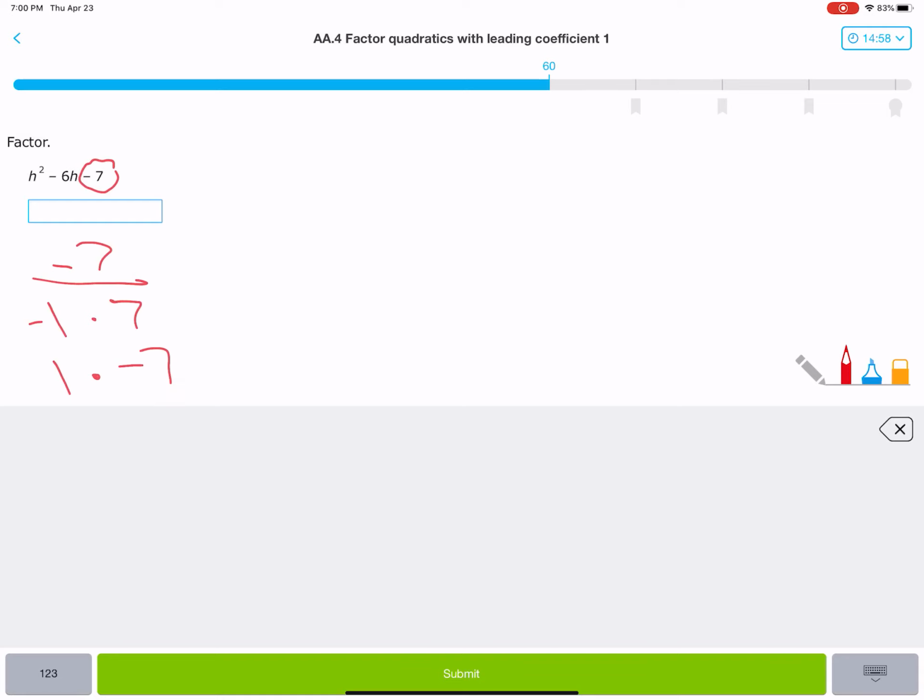The middle number is negative 6. If I add the top two together, that gives me a positive 6. If I add the bottom two together, that gives me the negative 6 that I'm looking for. So I know that it's the bottom group that I'm looking at.